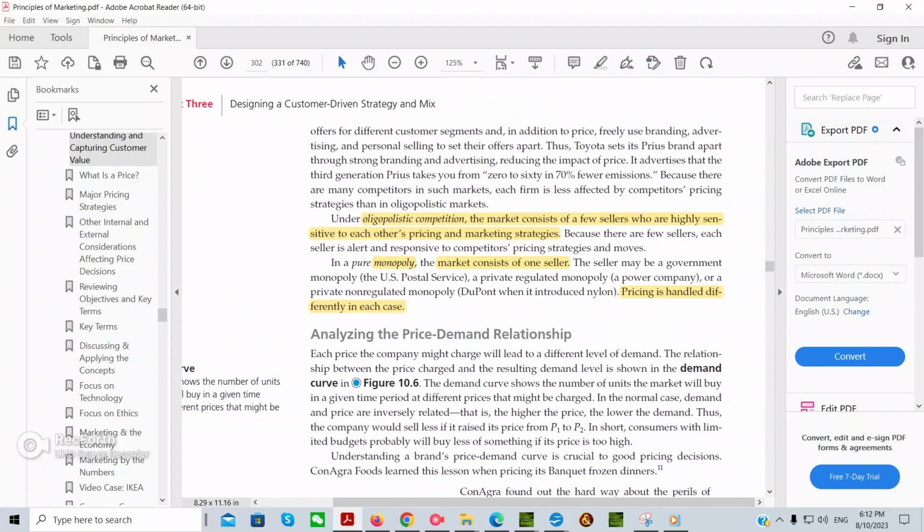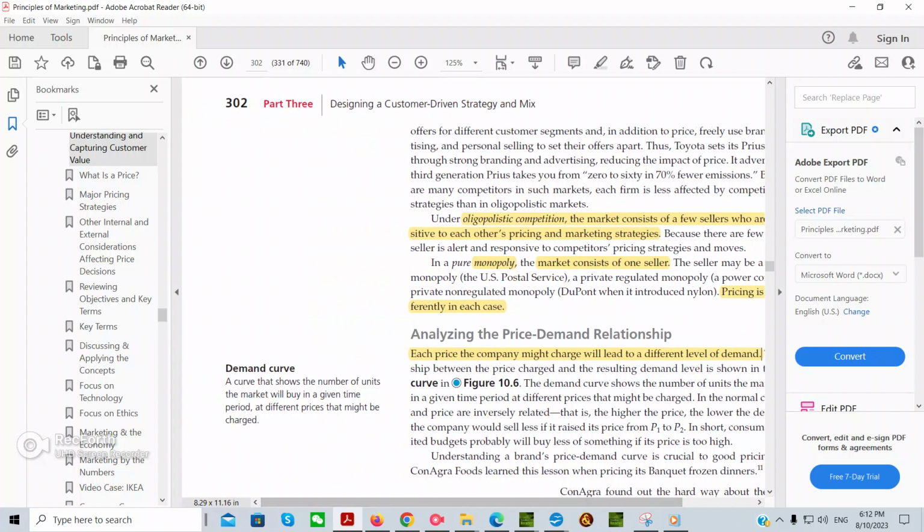Now, let's talk about the price to demand relationship. I was talking about this before as it relates to microeconomics and how microeconomics relates to marketing and business. Each price the company might charge will lead to a different level of demand. Obviously, the higher the price, the less demand, because fewer people can afford it.